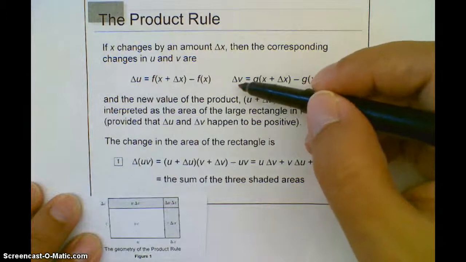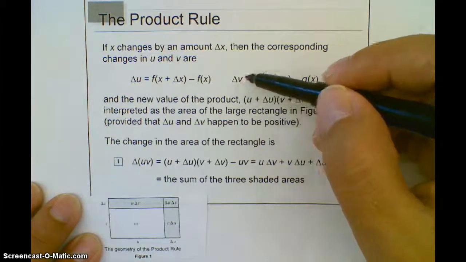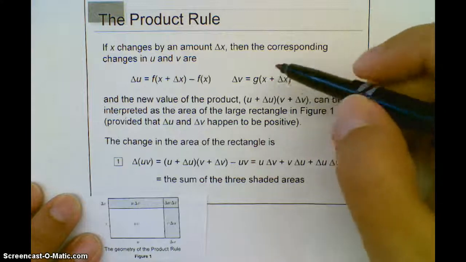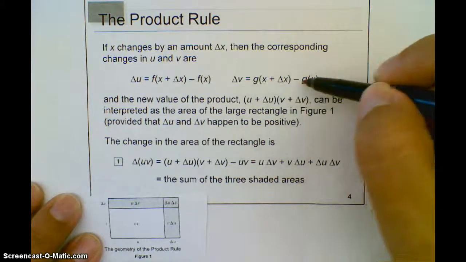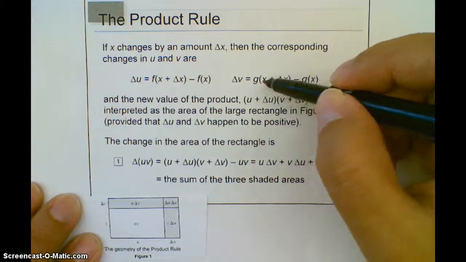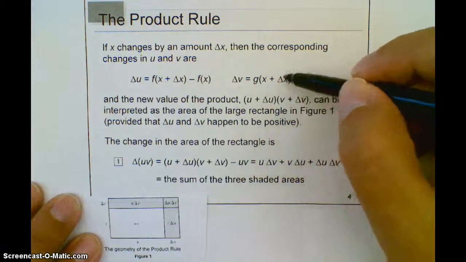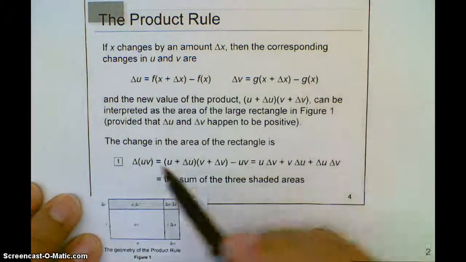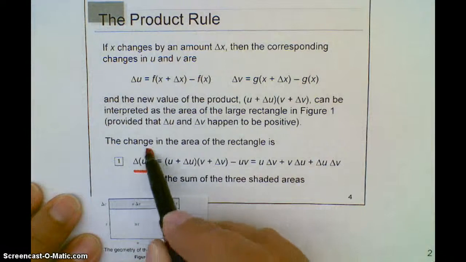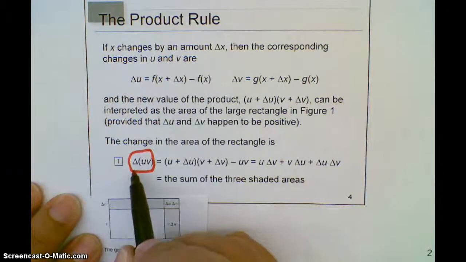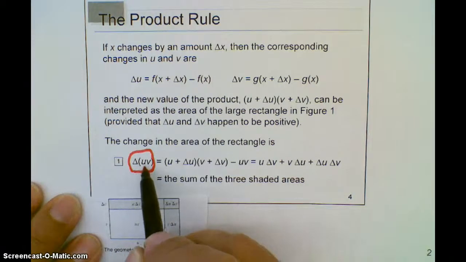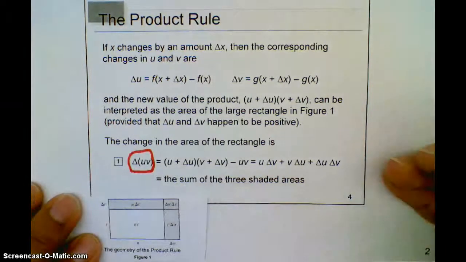And similarly, a small change in v can be found by the difference of both y coordinates, the first one being g evaluated at x plus that small change in x. So this is what we are trying to find, how much is the change in y, and y is defined as the product of these two functions.